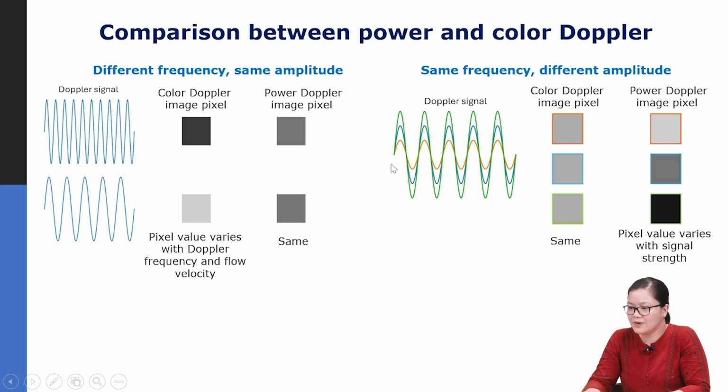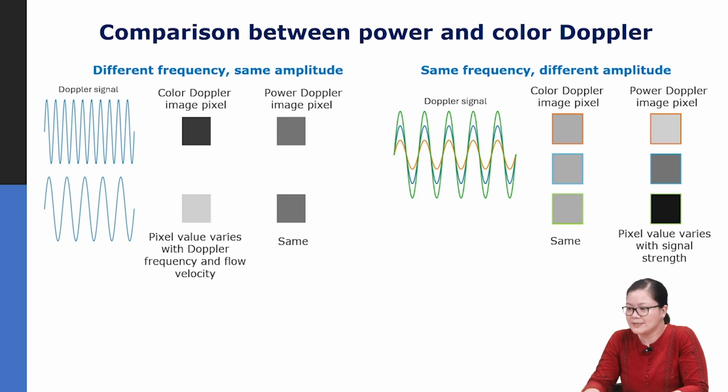But in the case where you have a single Doppler frequency with different amplitudes of the signal, here we have a yellow signal, a blue signal, and a green signal, which have the same Doppler frequency but different amplitudes. If you map the image pixels in color Doppler, this is orange or yellow, this is blue and green, you can see that their image pixels will have the same intensity.